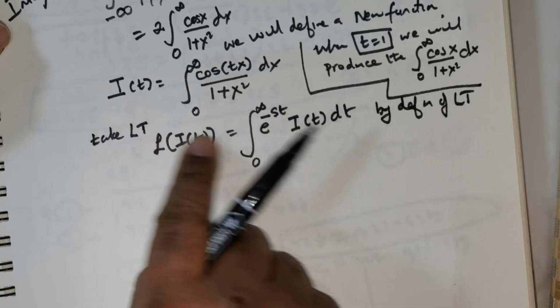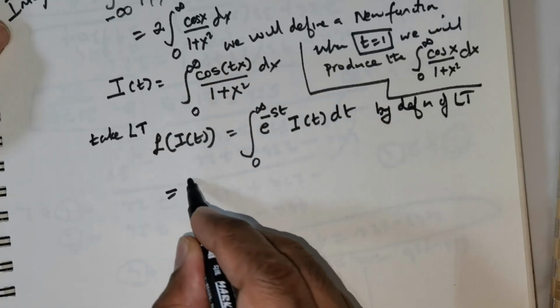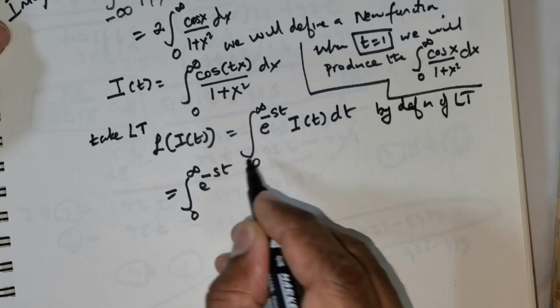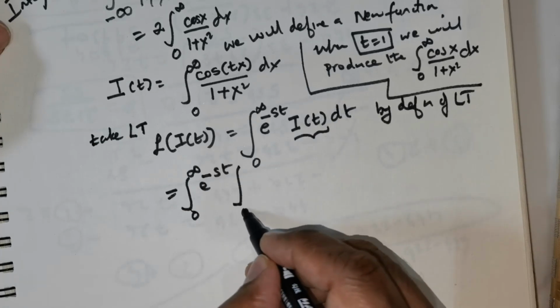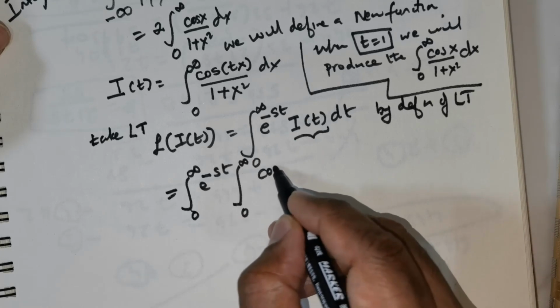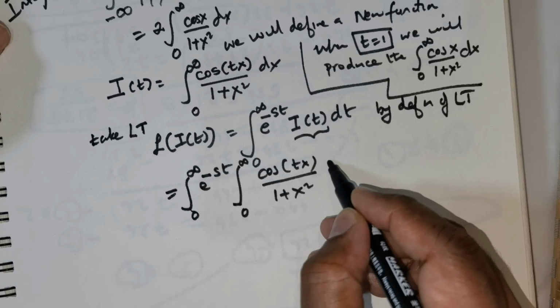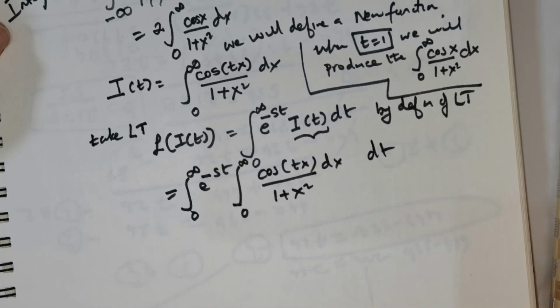So let me replace I of t by this integral. So this is equal to the integral from 0 to infinity of e raised to the power of negative st, and in place of I of t, I am going to replace the integral from 0 to infinity of cos of tx over 1 plus x squared times dx, times dt, right?